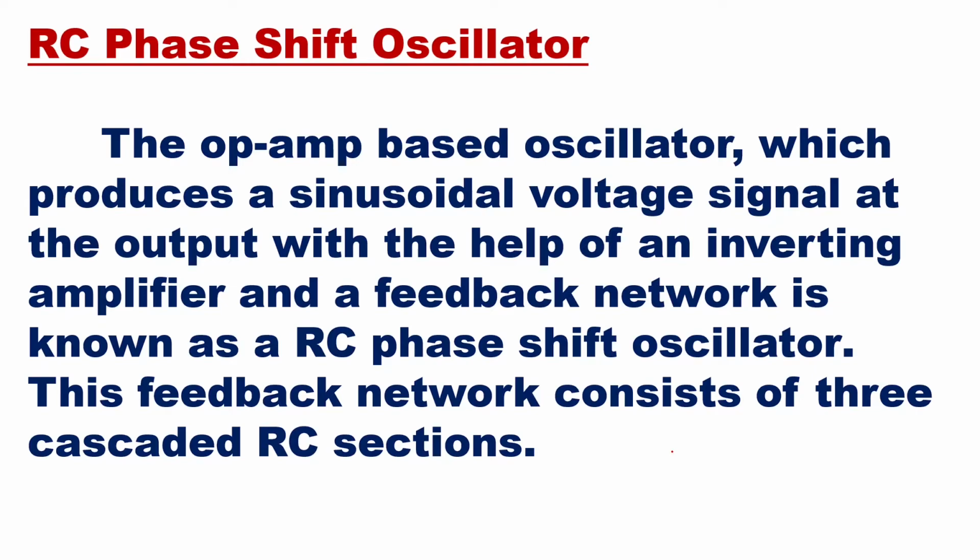In an inverting amplifier, we will see that the input is amplified at the output, but with a phase reversal of 180 degree. And a feedback network is added, known as the RC phase shift oscillator. So the inverting amplifier and a feedback network together will be known as the RC phase shift oscillator. This feedback network consists of 3 cascaded RC sections, that is, we are going to put RC sections in series. Now, what is this circuit?